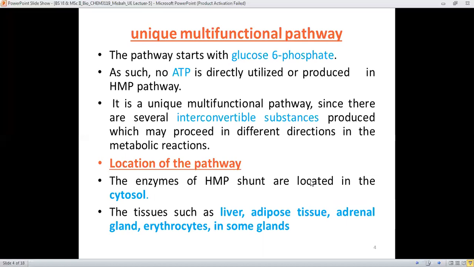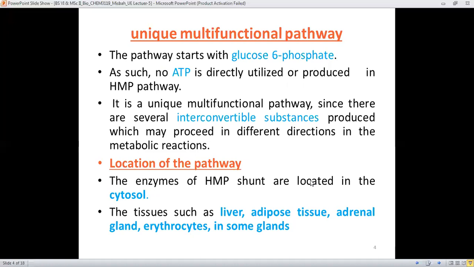As such, throughout the pathway, no ATP is directly utilized or produced. It's multifunctional in nature because many functionalities like aldehydic, ketonic, ester, lactones take part in the pathway and the chemical reactions, and these all proceed in different directions, resulting in different metabolic reactions and the formation of different metabolites in a cell.